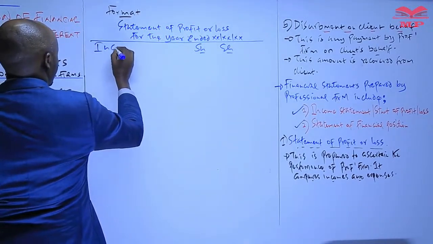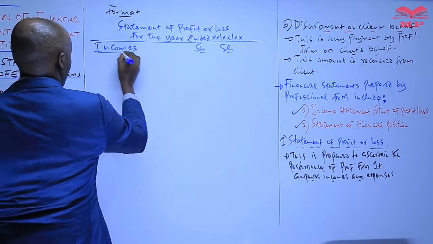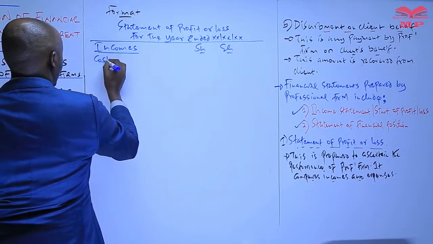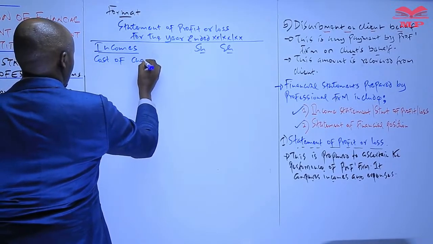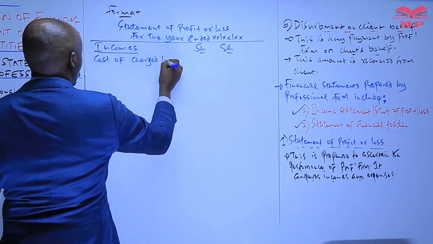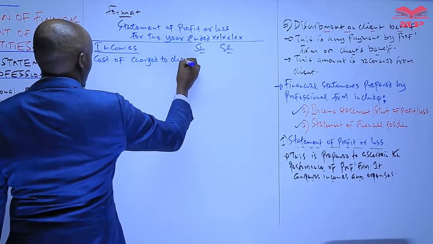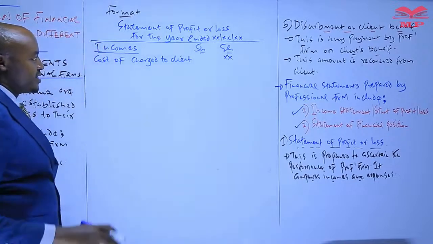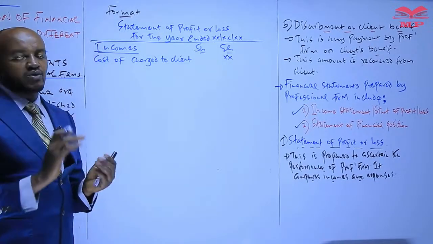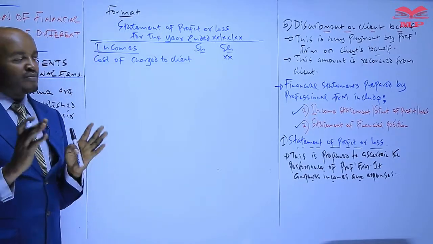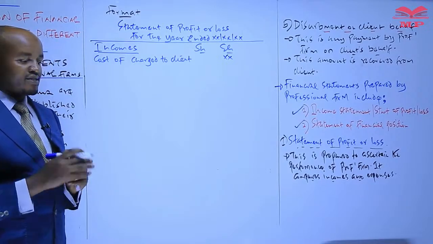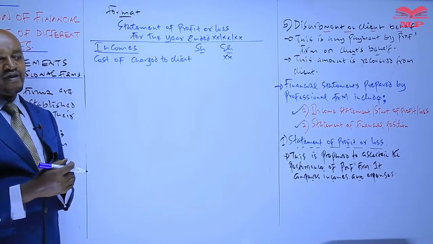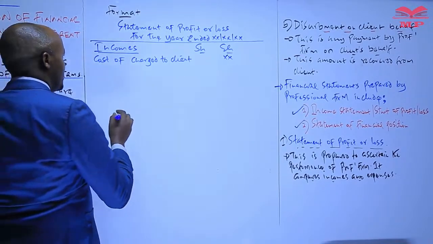So here we start with the incomes. And for the incomes, first of all, we start with the cost charged to client. Remember, in this case, cost charged to the client is the same as the fees charged to the client. A professional firm, after providing certain services, will charge a client some fee, which is basically the main source of income.